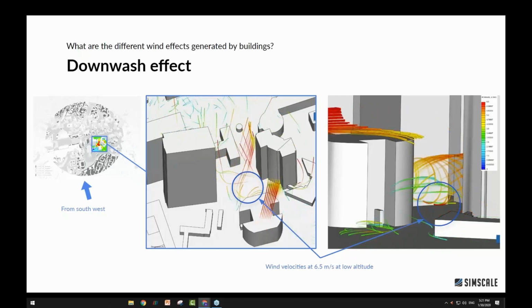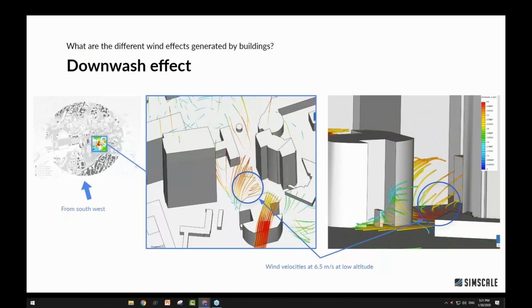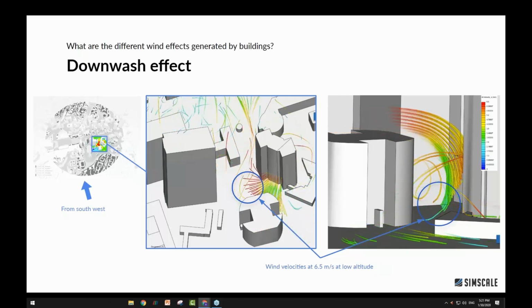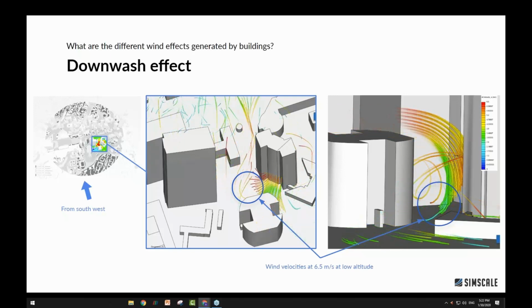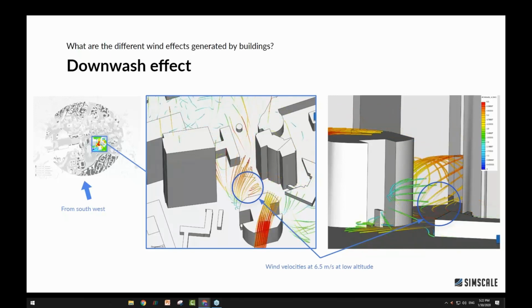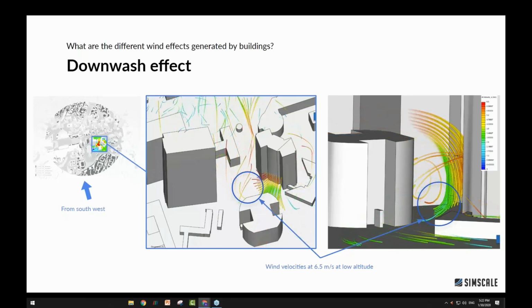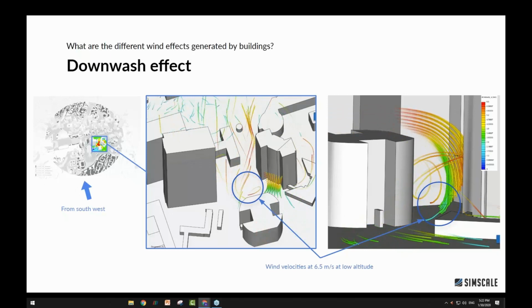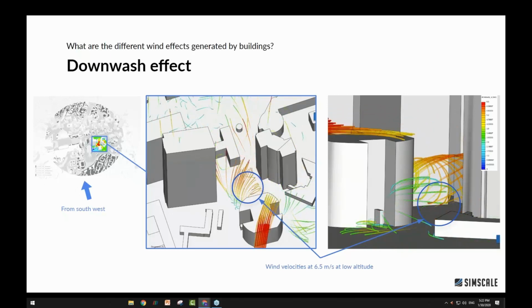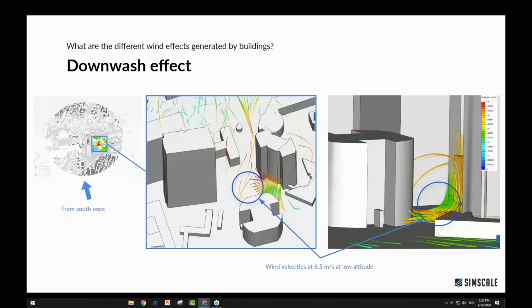We've seen many times existing buildings that create a lot of discomfort. I invite you to check out our blog post or our YouTube videos where we discuss examples where this is really happening, and somehow this could be prevented or mitigated with certain measures.